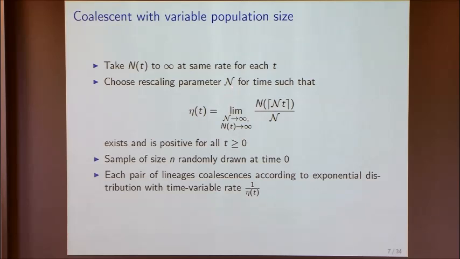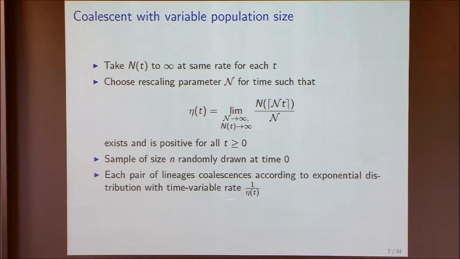So this curly N would be this rescaling parameter for time, and if you rescale time by that parameter and normalize the populations by this amount, such that this relative population size, this eta(t), exists and is some constant for every t, then we get this coalescent process, where the coalescence rates are no longer time homogeneous. They actually depend on time, because this reflects the fact that the population size is changing over time. So now when you draw a sample of size n at time 0, you can talk about the coalescence rate, and the time variable coalescence rate is now 1 over this relative population size, eta(t).